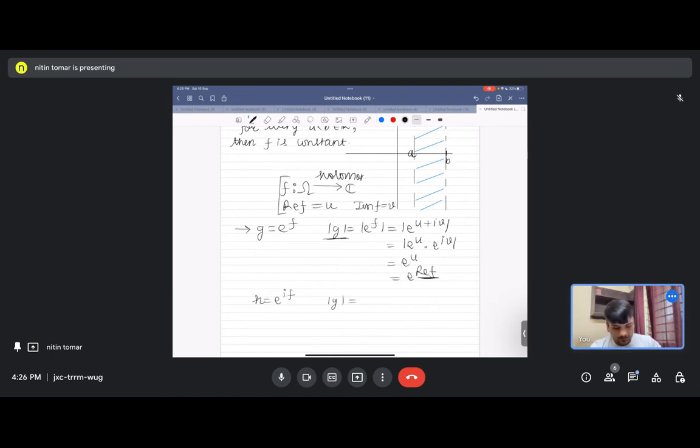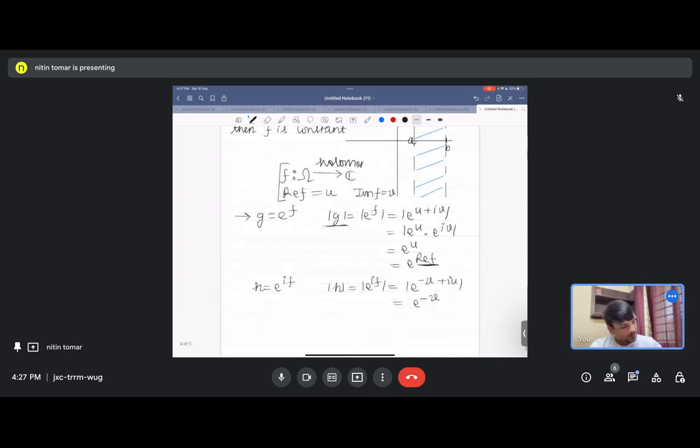With this logic, mod h will become e to the power minus v plus i u, so its mod will be e^(-v). So the imaginary part will appear in the modulus of h.